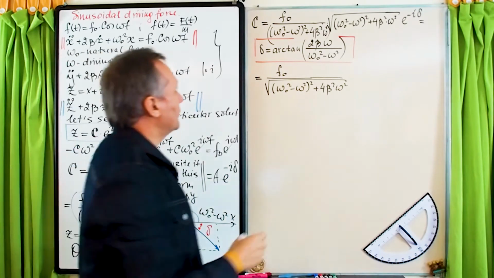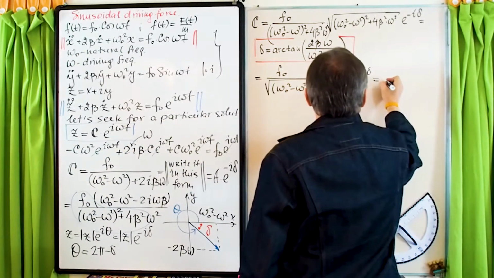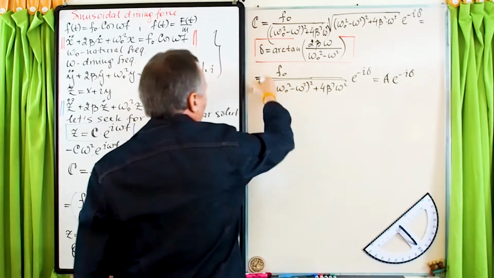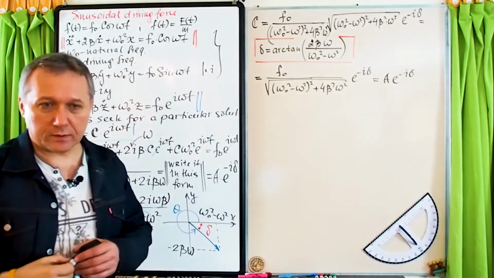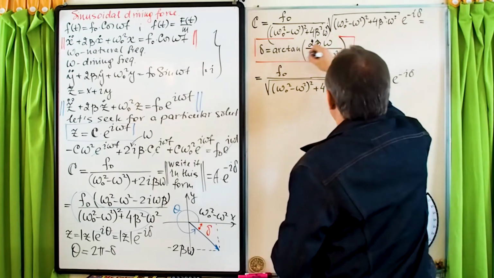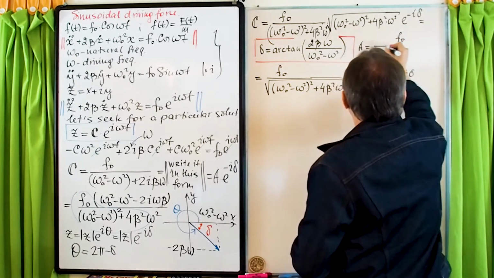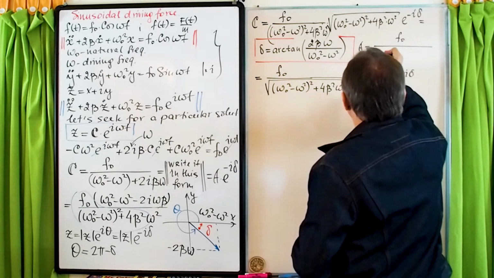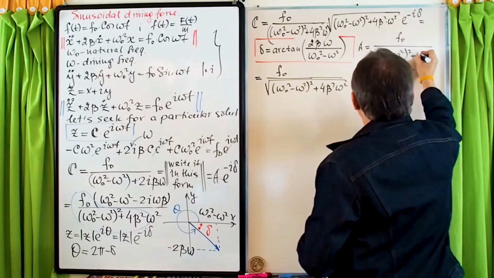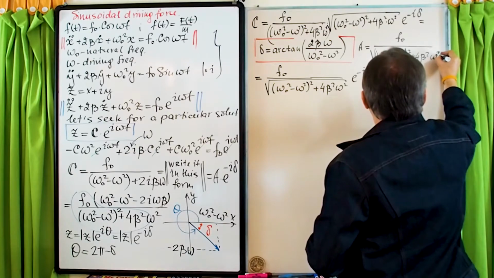And e to the power of minus i delta. So it's A times e to the power of minus i delta. So all this construction is just a new constant A. I will write it here next to delta. A equals f naught divided by the square root of omega naught squared minus omega squared to the power of 2, plus 4 beta squared omega squared.